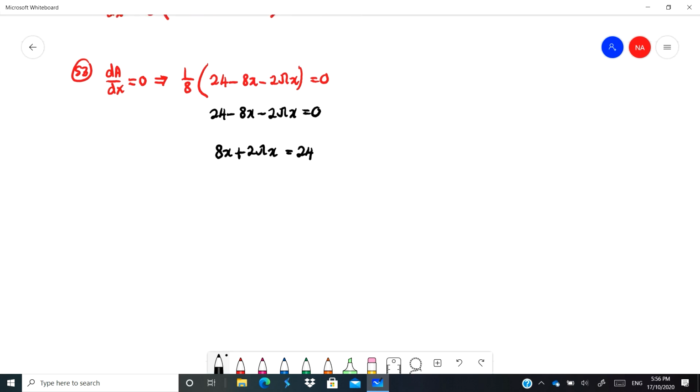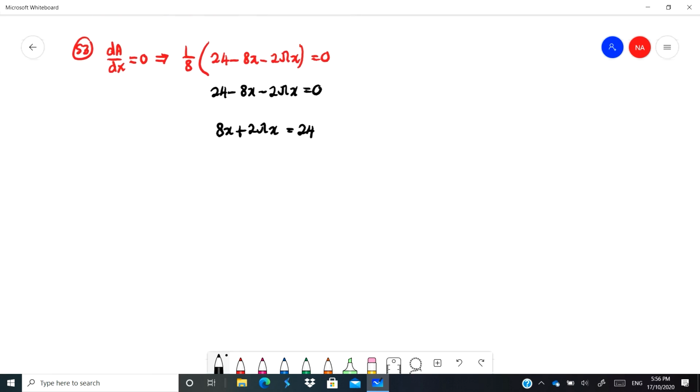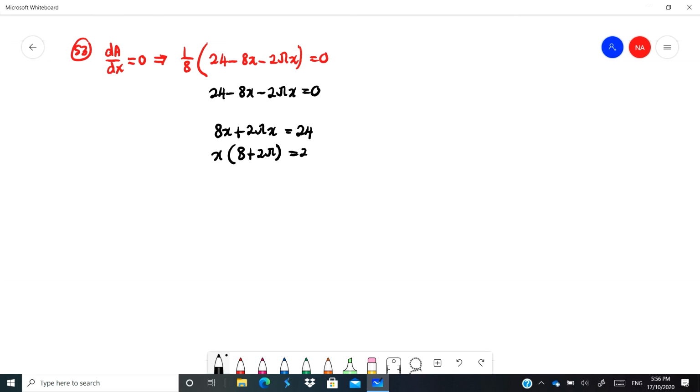Now I'm going to solve for the value of x. I'll factorize the x, so I get 8 plus 2 pi, all times x, equal to 24. So x is given by 24 divided by 8 plus 2 pi.